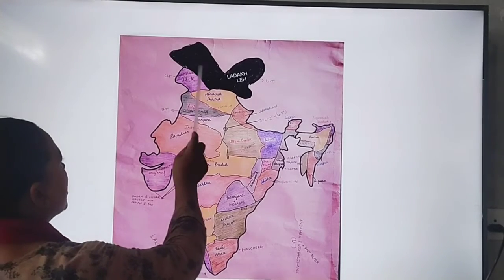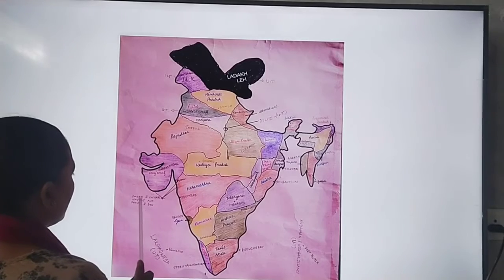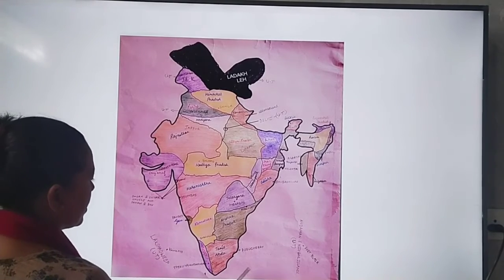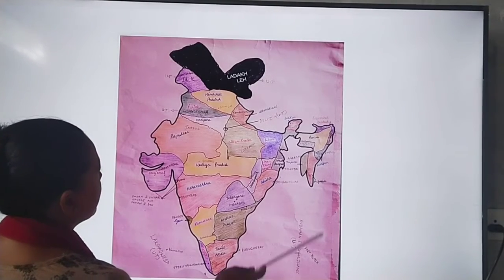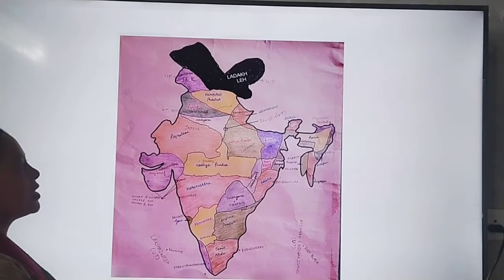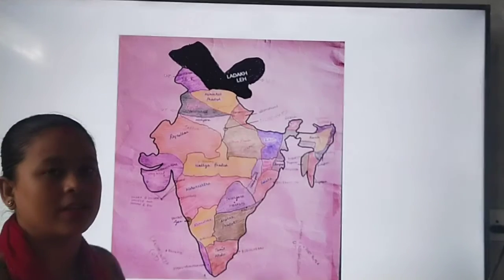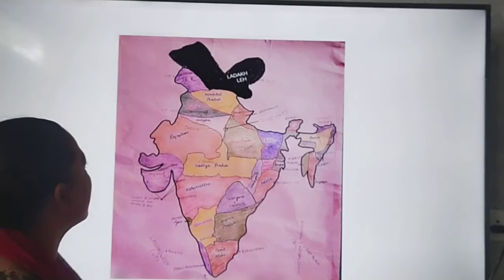So now 1, 2, 3, 4, 5, 6, 7, 8. Now these are 8 union territories of India.